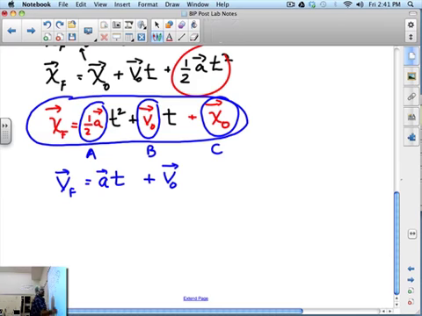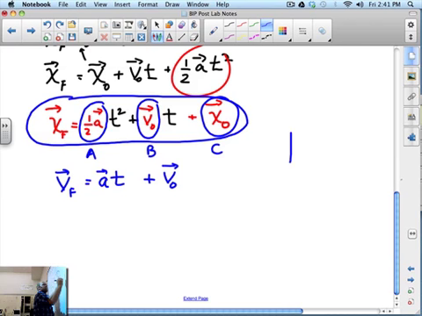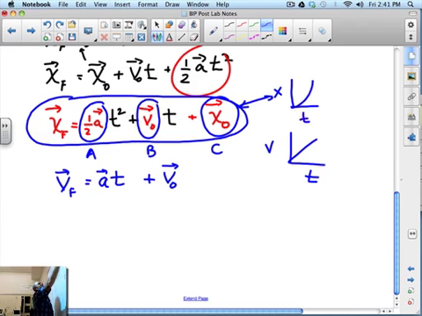And the slope in your lab results, the slope of your v versus t graphs, compared to the slope of your x versus t squared graph.